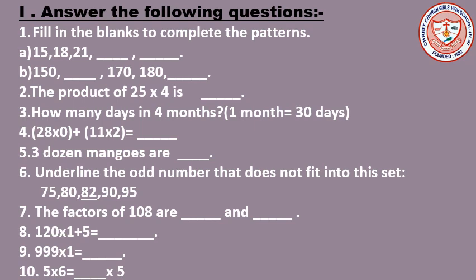And please do not erase your rough work. Clear? So for objective type questions, what you have to do? You have to solve it in the rough and write the correct answer. That's all. Okay? So let's start.